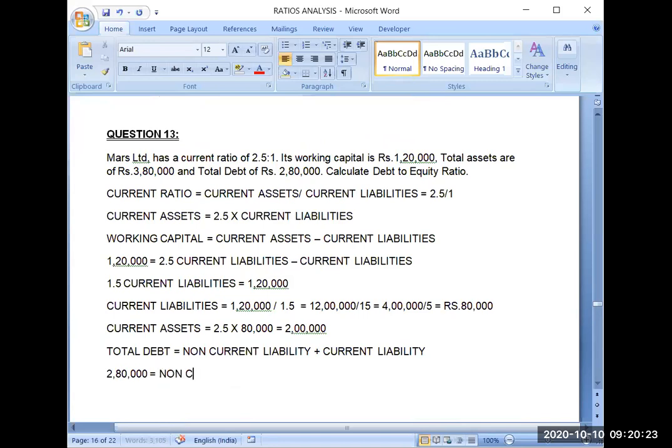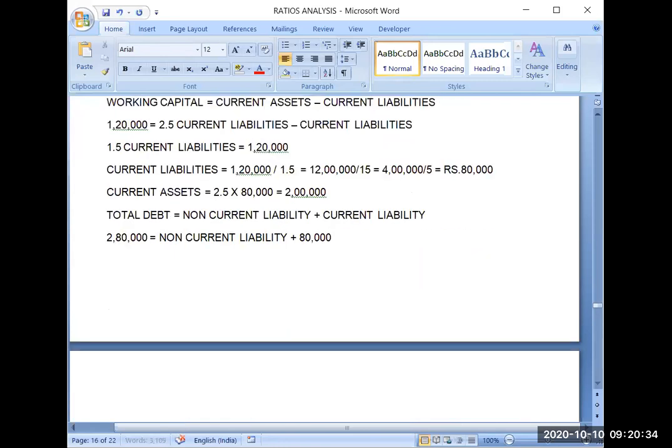I have to calculate the non-current liability. So non-current liability is equal to 2,80,000 minus 80,000, and it will be rupees 2 lakh.